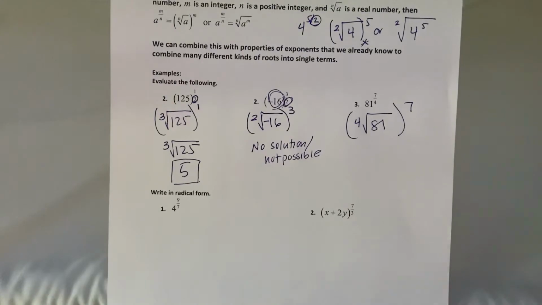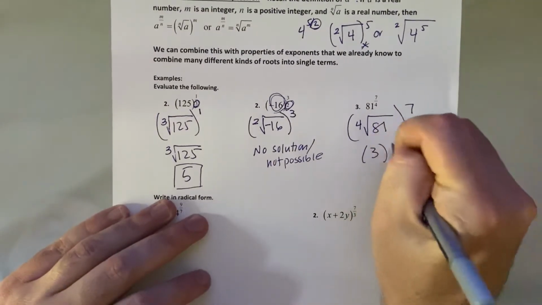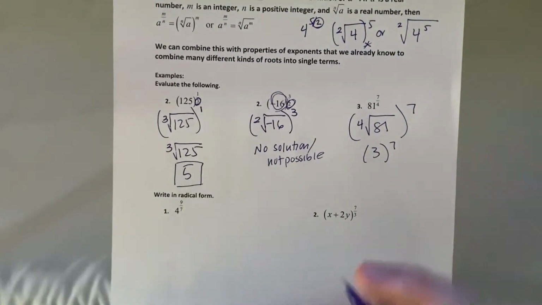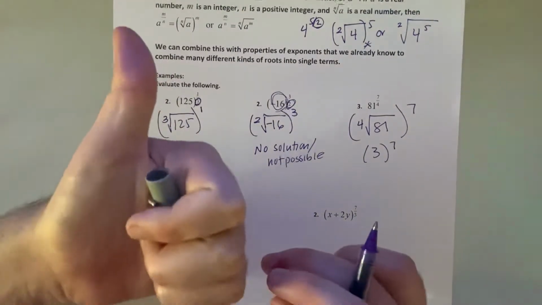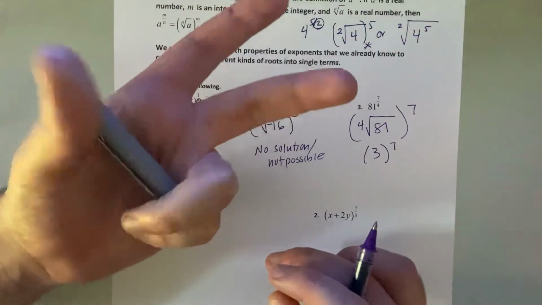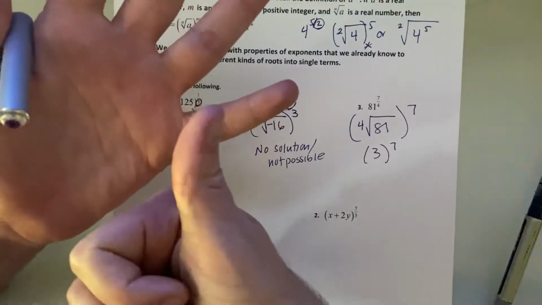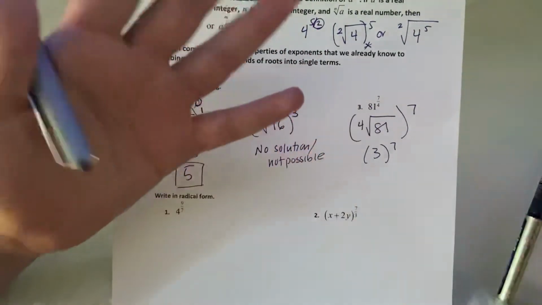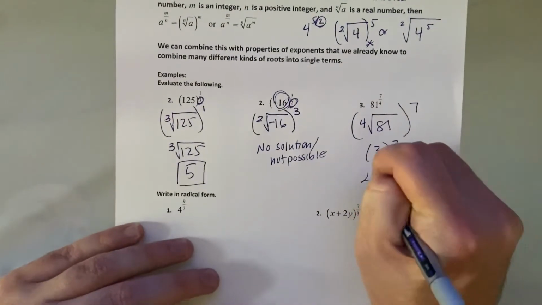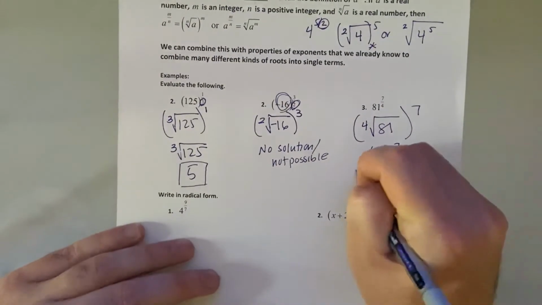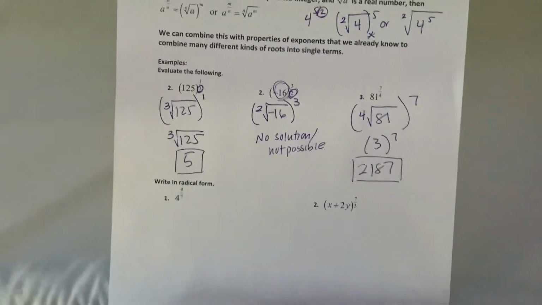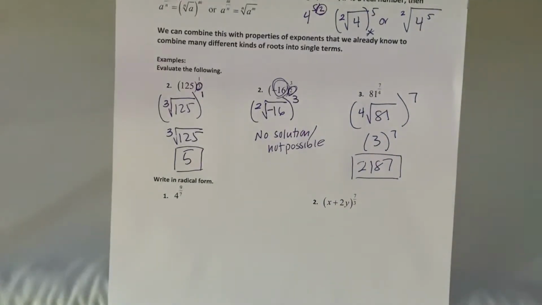But the 4th root of 81 is 3. And 3 to the 7th power, if we count 3, 9, 27, 81, 243, 729, 2187. It would have been an insanely large number if we went the other way.